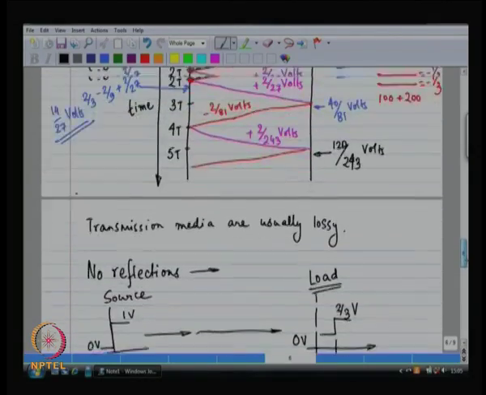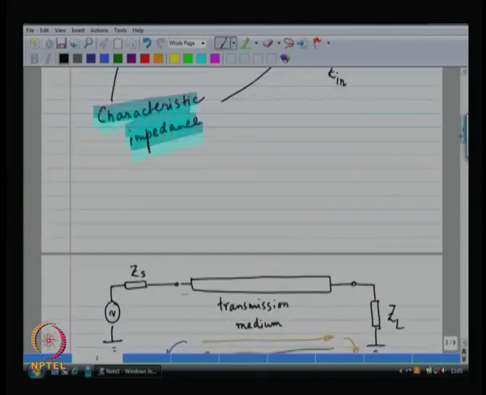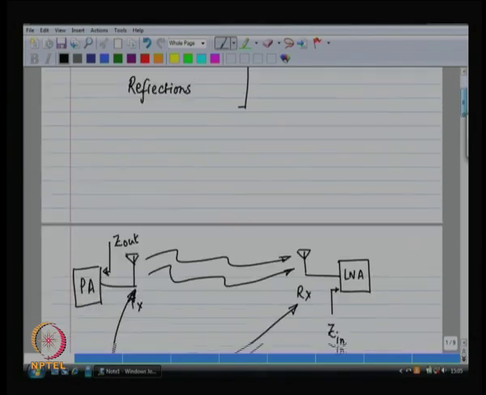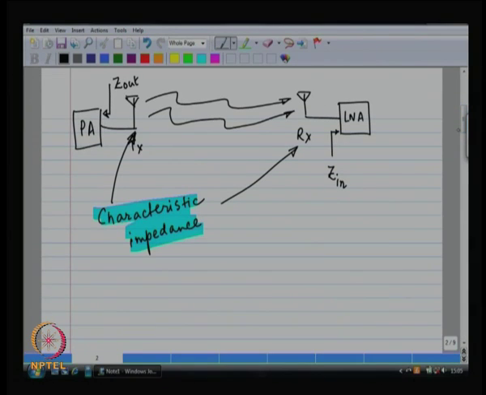So, with this I am going to start summarizing what we have done in this class. Our objective was to study transmission media and to study reflections, and we understand that any transmission medium, whatever it is, an optic fiber, the atmosphere, an antenna, a waveguide, a coaxial cable, a piece of wire, it has a characteristic impedance.